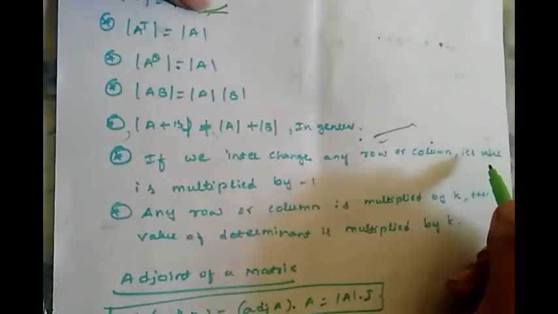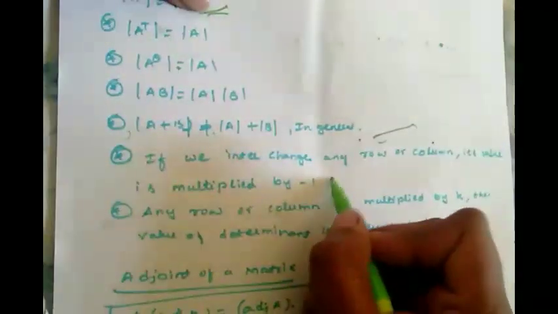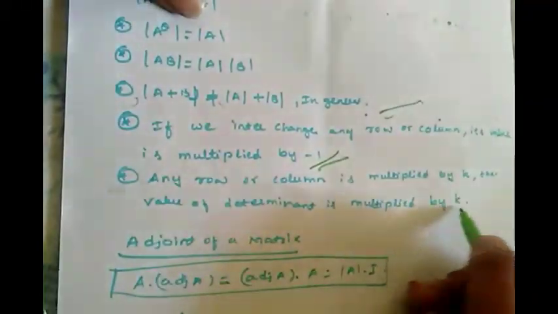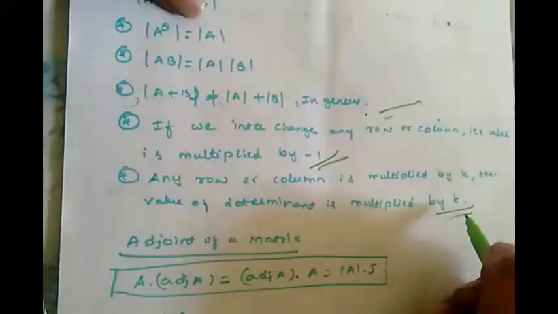If we interchange any two rows or columns, the value is multiplied by minus 1, and if any row or column is multiplied by k, the value of the determinant is multiplied by k. These are some properties of determinants.